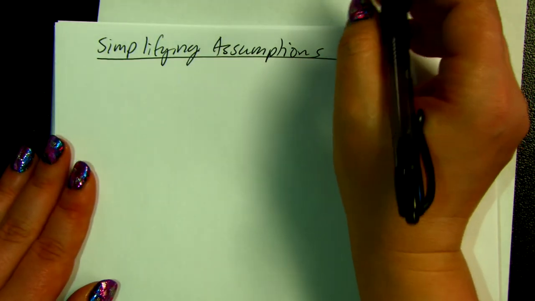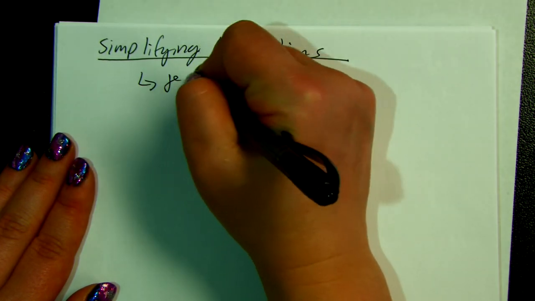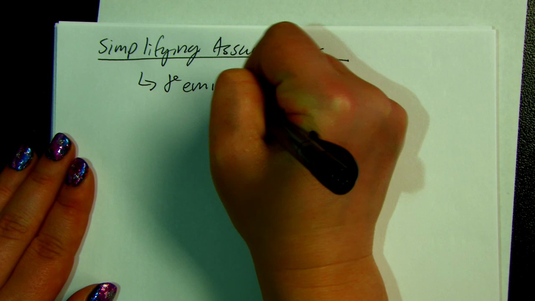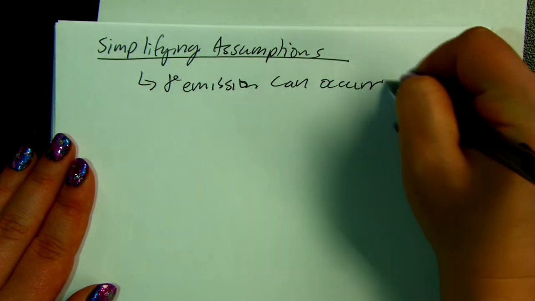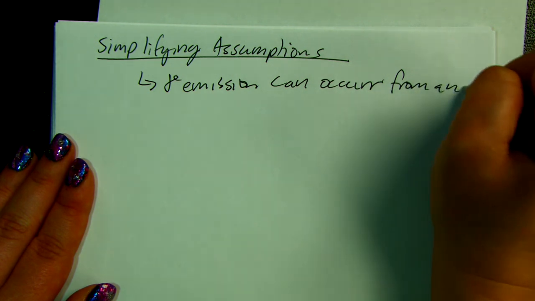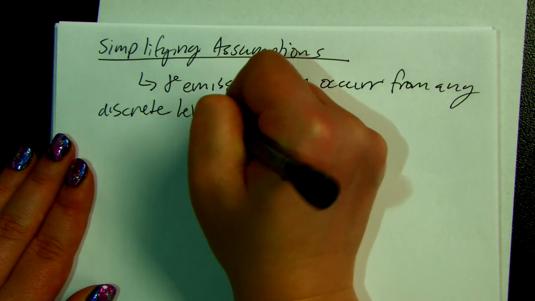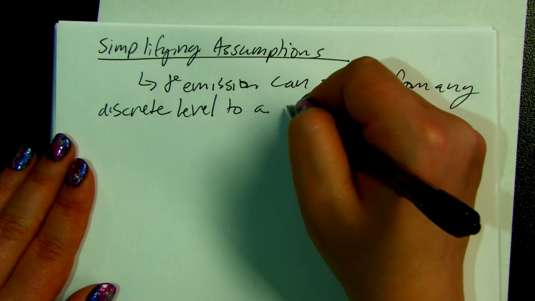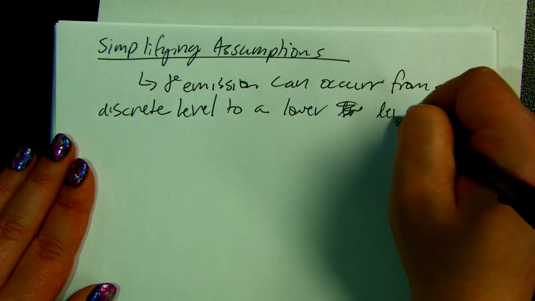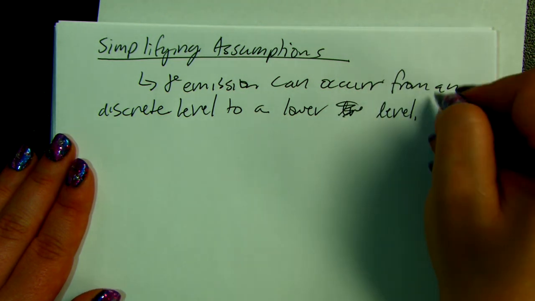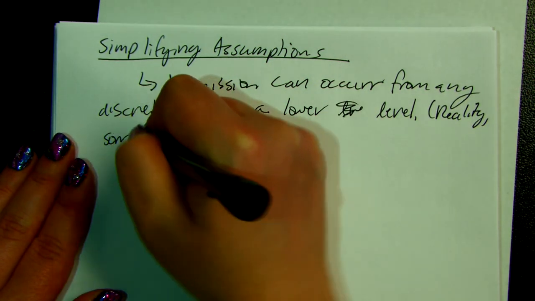So we've been assuming that photon emission can occur from any discrete level to a lower level. In reality, some transitions are forbidden.